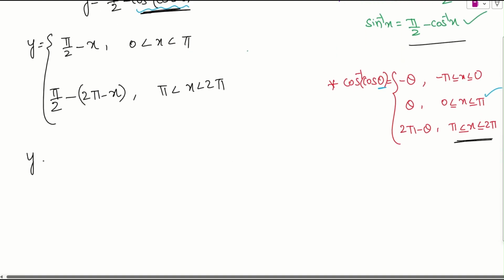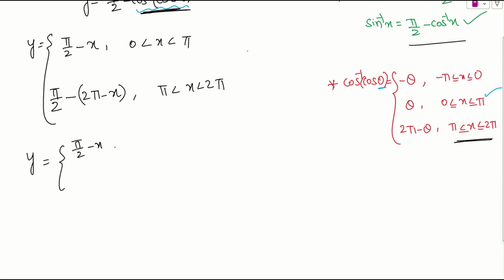So from this I can say y is equal to pi by 2 minus x when x lies between 0 to pi. And for pi to 2 pi, it is pi by 2 minus 2 pi plus x, when x lies between pi to 2 pi. Is it okay?